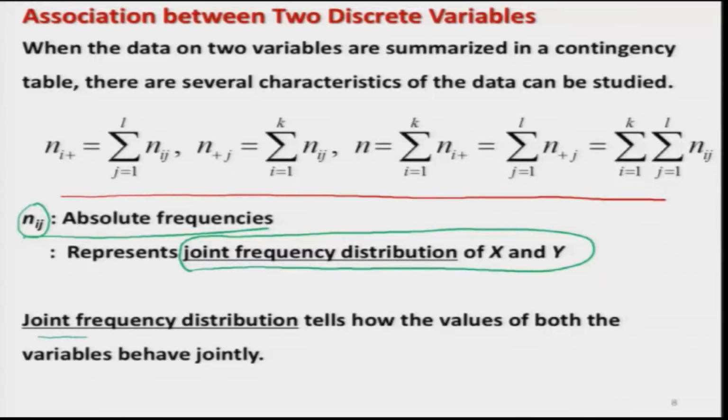But now, since we have two variables, the frequencies inside the cell are determined by two values, the value of x and the value of y. That is why this is called a joint distribution. Right. So, this joint frequency distribution tells how the values of both the variables behave jointly.